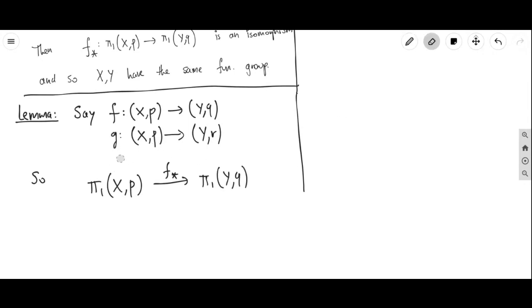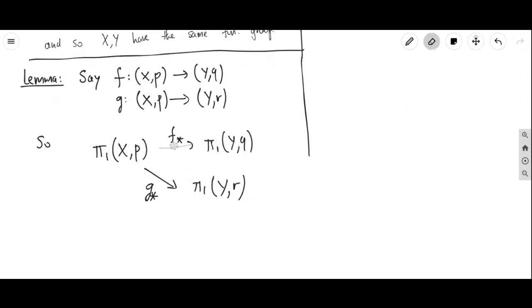But we also have g star, which is going to be a homomorphism from the same fundamental group to pi 1 of (y, r). Okay? And we want to describe the relationship between f star and g star, because they are moving the points around. So we want to describe the relationship between them.